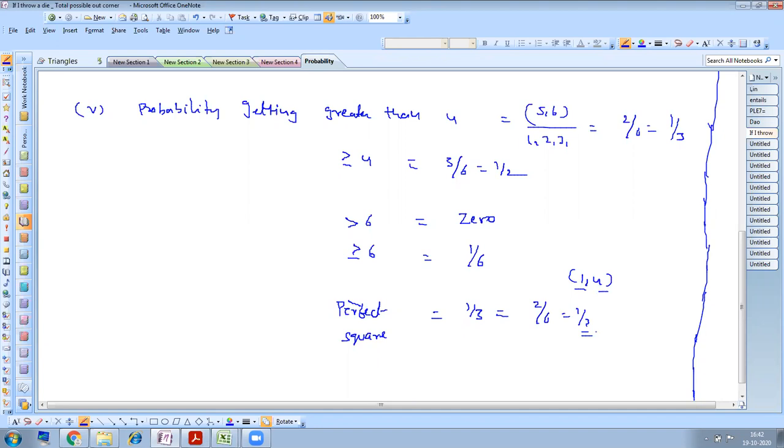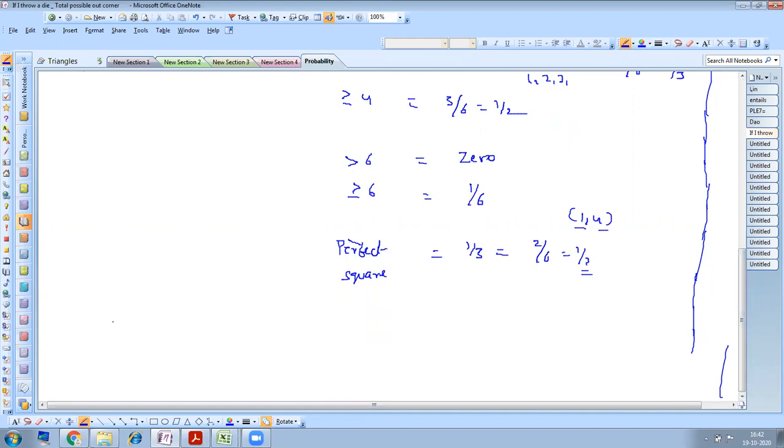The question is, what is the probability of getting a number less than or equal to 4? How many numbers are less than or equal to 4? 4 by 6, that is 2 by 3. Next, probability of getting multiples of 2.